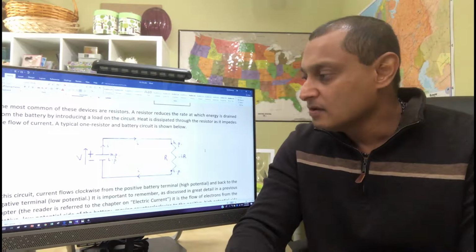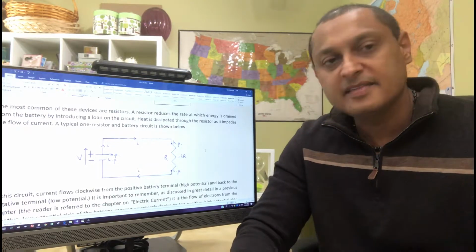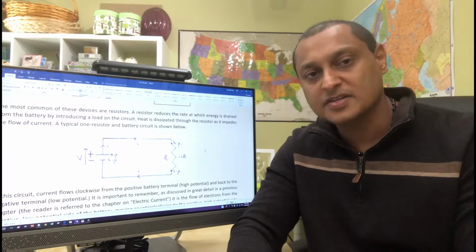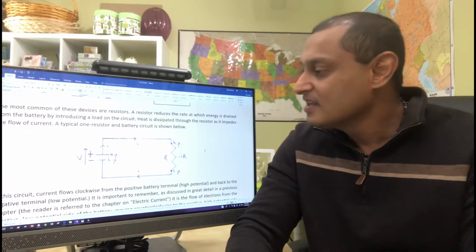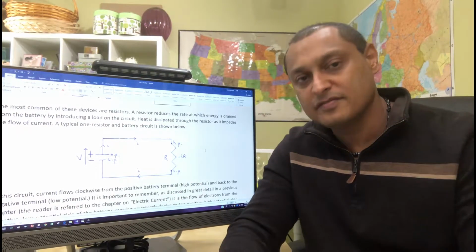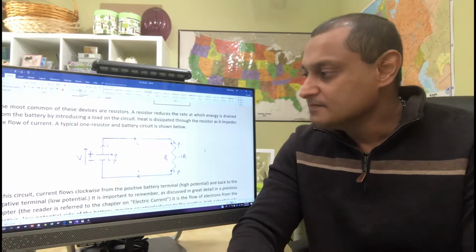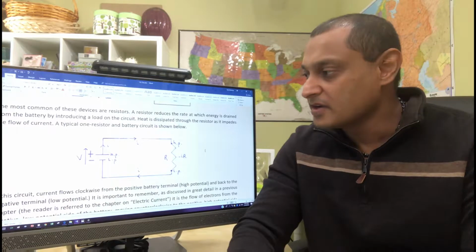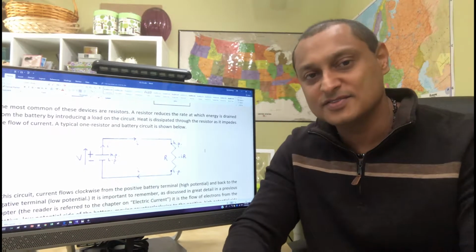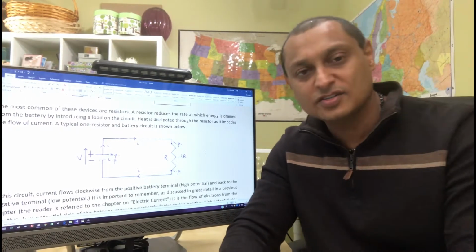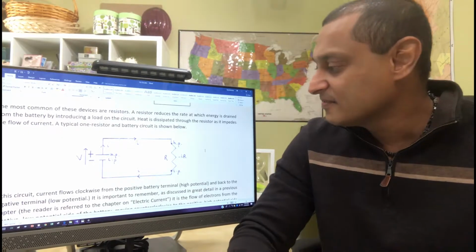So that convention still holds today, where we take the direction of the flow of positive charge as the direction of the current flow. But the reader should take note that the actual flow direction of charges is opposite to the direction of the current, if the charge carriers are electrons, that is.